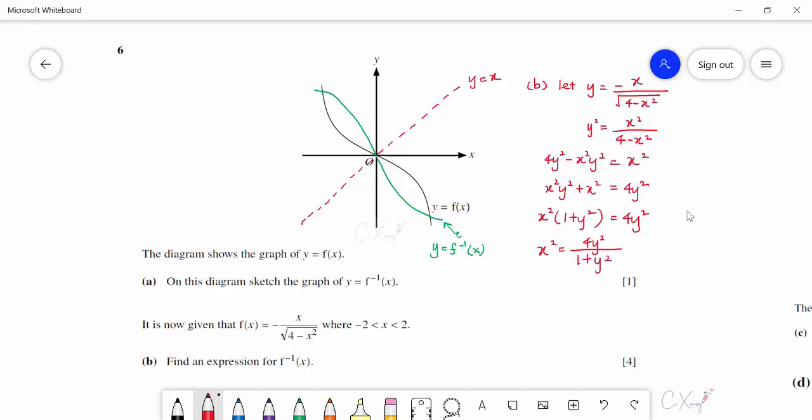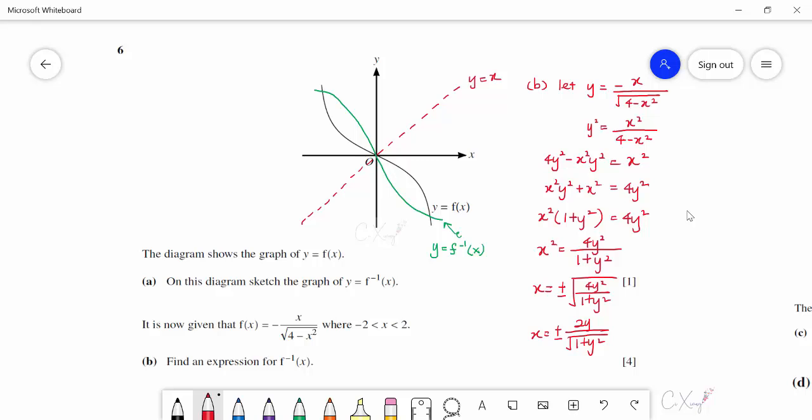From here you can see very clearly that we already have x equals to something in y. Of course, this I can further simplify, becoming plus minus 2y on top, divided by square root 1 plus y squared.